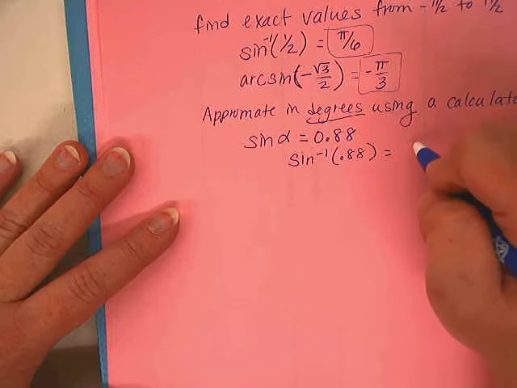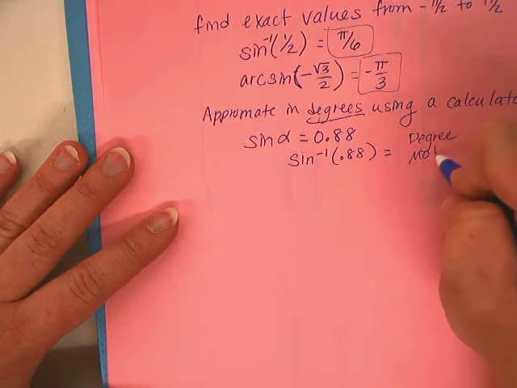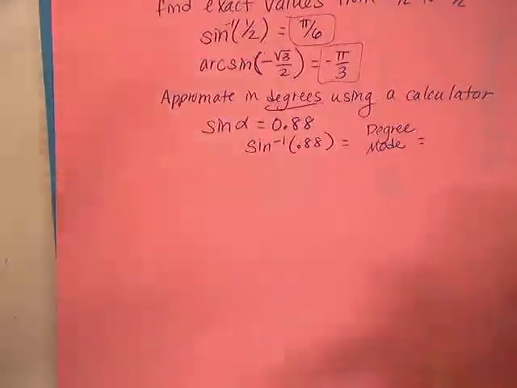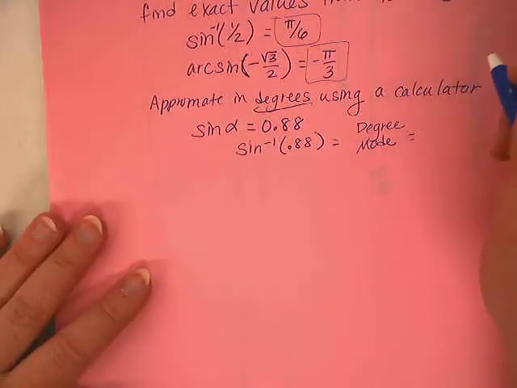Now, the answer says find in degrees, so what do you need to make sure your mode is listed in? Degree mode. Be careful of that. You're going to have to switch back and forth again. Okay, so you can use your iPod for these if you want to use the calculator that you turn sideways.